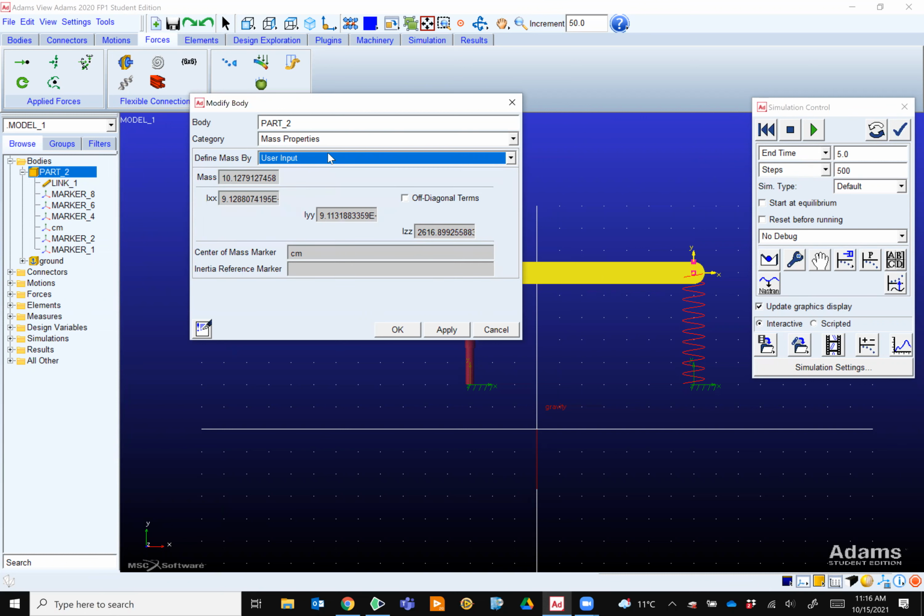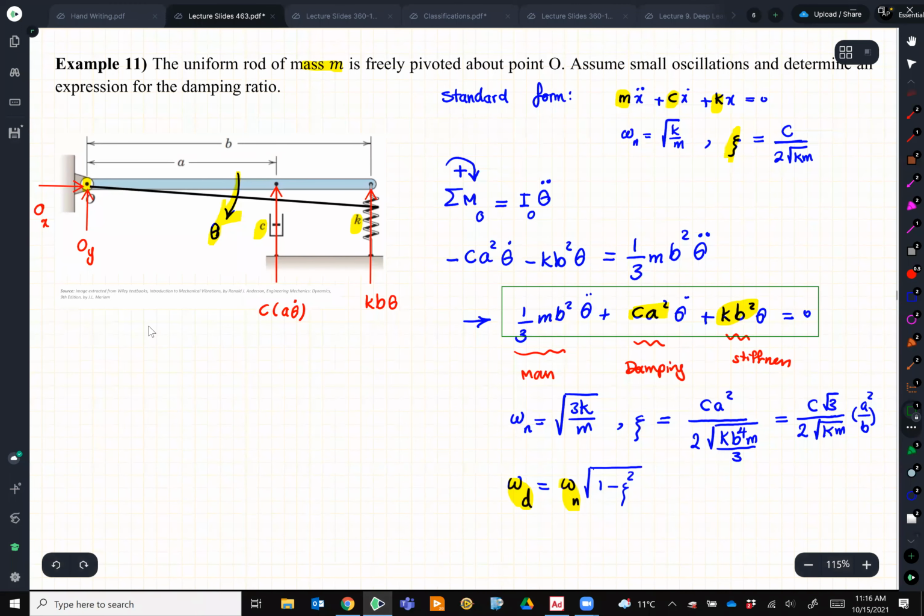Initial condition. So as you can see, this link has a mass. It has moment of inertia, Ixx, Iyy, and Izz. But all we care about in this 2D problem is Izz, because we calculate the moment about point O, which is an axis coming out of the screen.